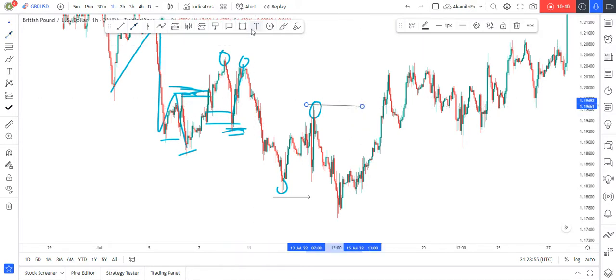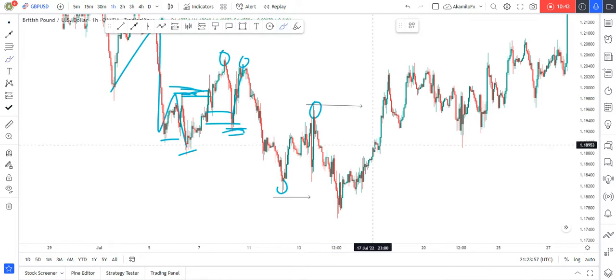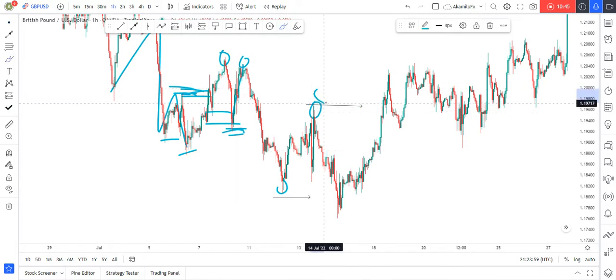That means that here we can now identify our Choch. So this is now our Choch. You can take our Choch at this level. This is Choch, because price has broken our strong high.